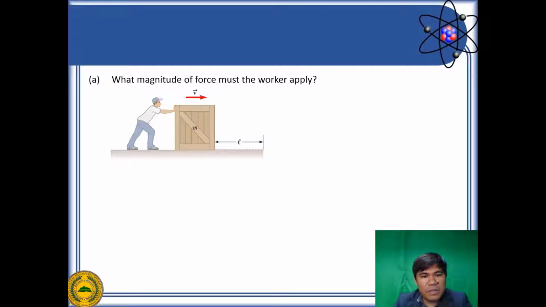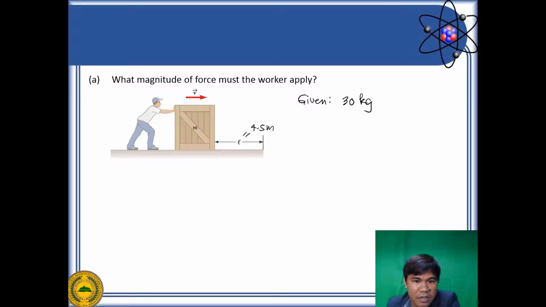What we are going to do is, first, let us identify the given. In this case, we have the mass, which is equal to 30 kilograms. We also have the distance, which is equal to 4.5 meters.